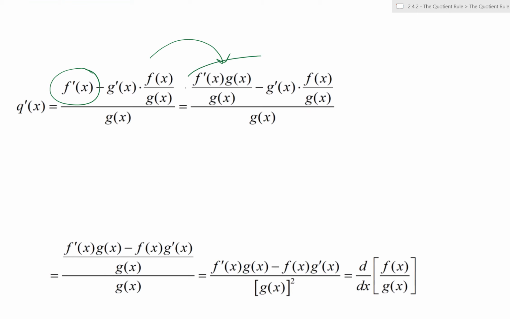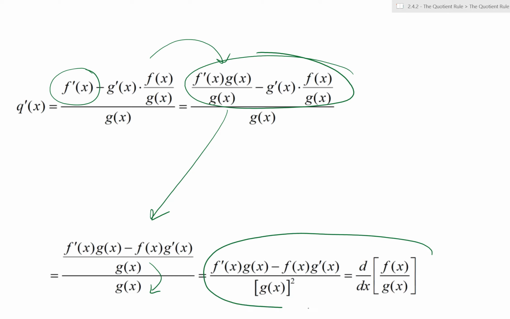So this entire numerator here gives us down here the following: f prime of x times g of x minus f of x times g prime, just rearranging those two terms right there, all divided by g of x, and then that's all in the numerator, and then all that's divided by g of x. So, of course, by division of fractions, this g of x comes down below, and voila.